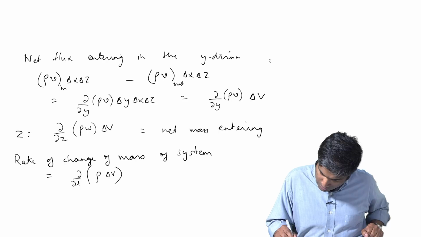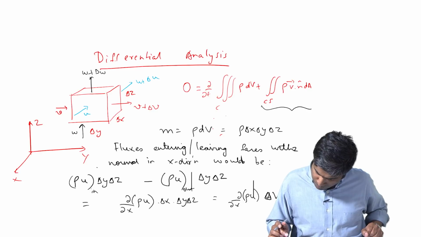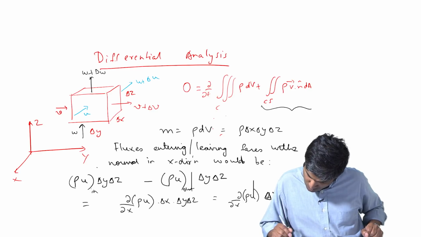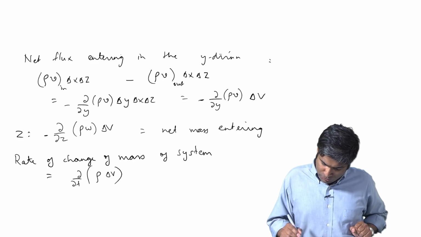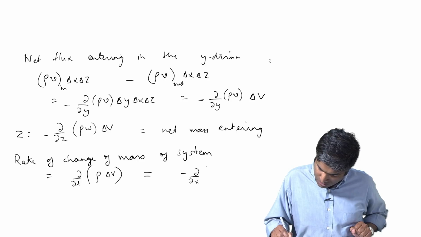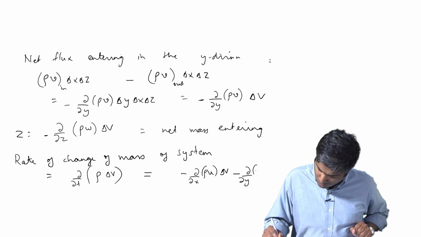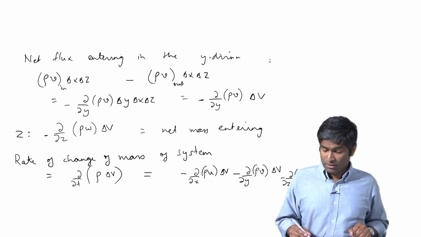And it looks like I forgot a minus sign everywhere. We have a minus sign here as well. So this needs to be equal to minus del by del x of rho u delta V minus del by del y of rho v delta V minus del by del z of rho w delta V. I cancel out the differential volume.